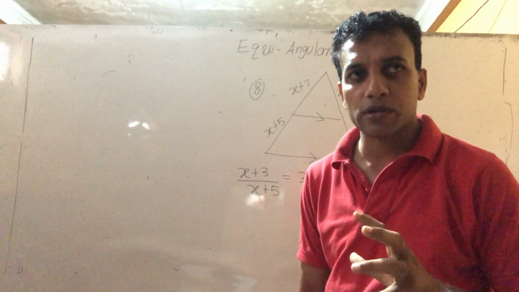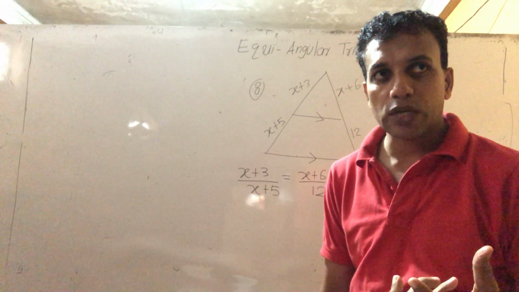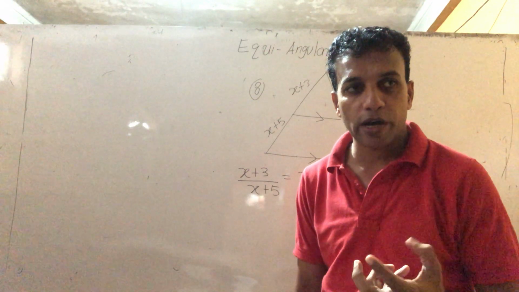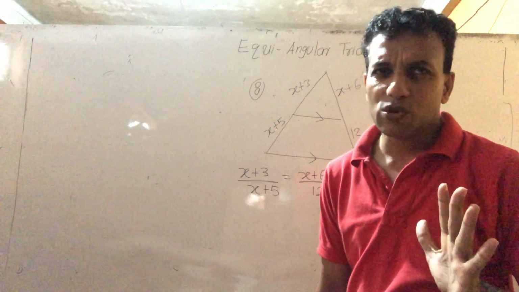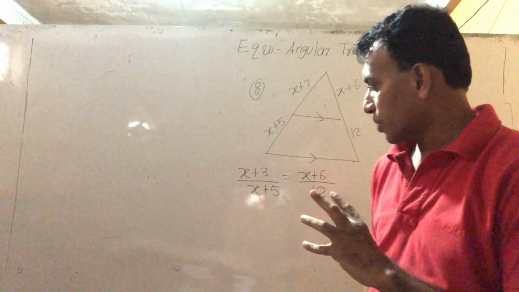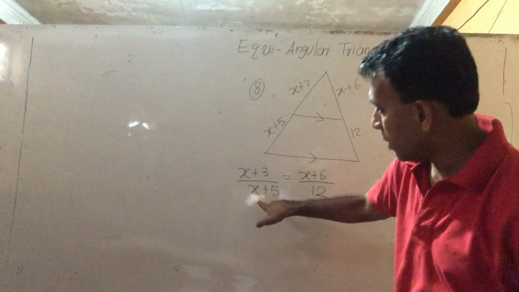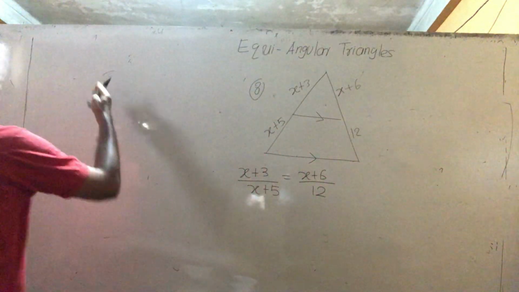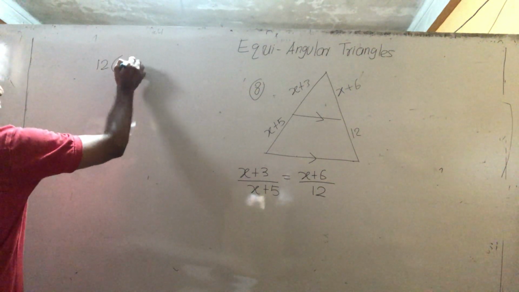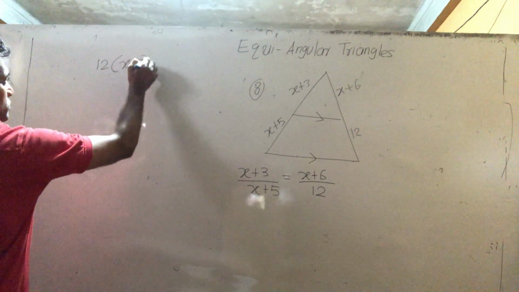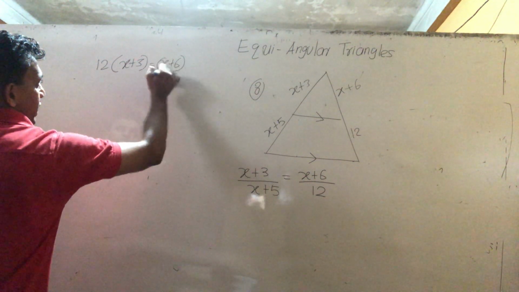No completing the square or using the formula x equals minus b plus or minus square root of b square minus 4ac over 2a, not applicable. It's the straight factorization method. So rearrange, multiply 12 here and multiply this there. 12 into x plus 3, and x plus 6 into x plus 5.